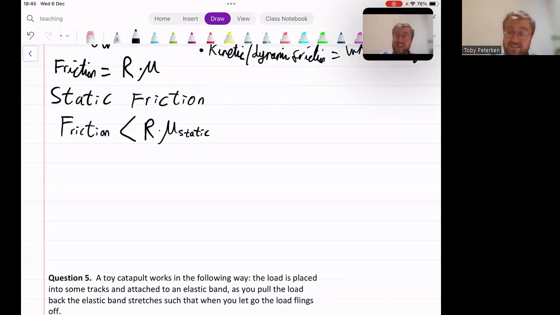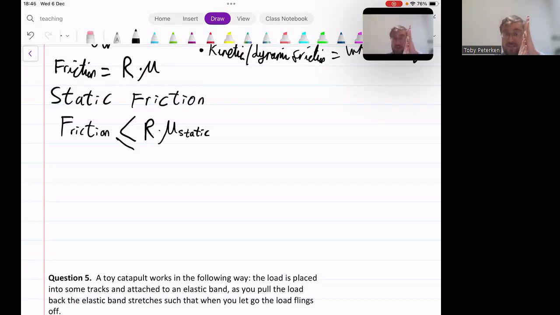And there's always less. Or rather, less than or equal to. When they're equal is when things are just about to slip. You know, they're teetering on the edge. A tiny little bit more force and you're going to slip. So when the friction force is equal to mu R is when things are just about to slip.